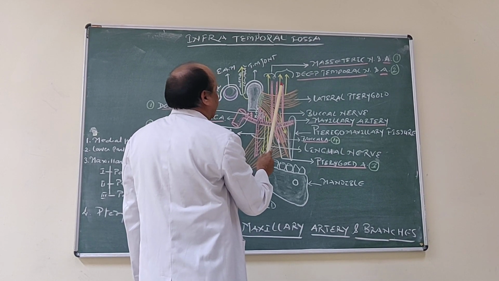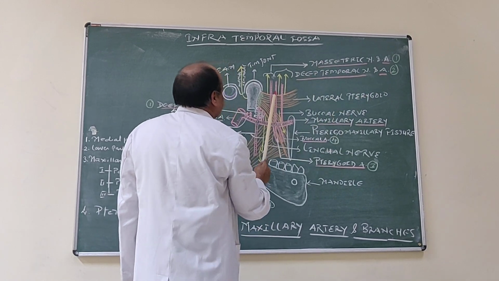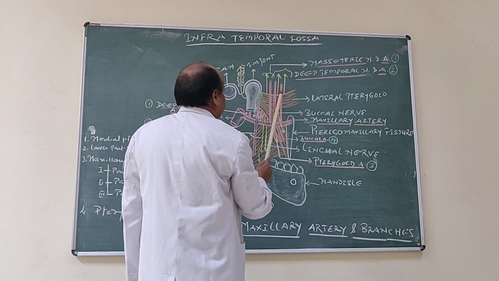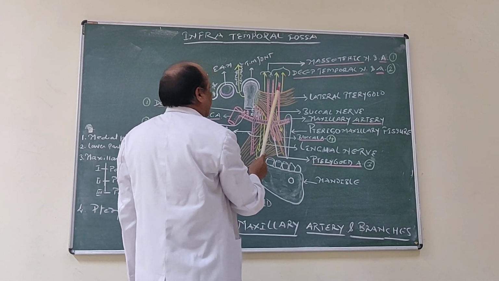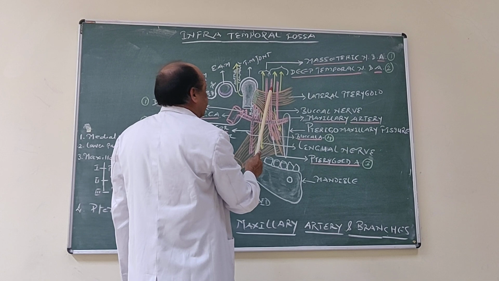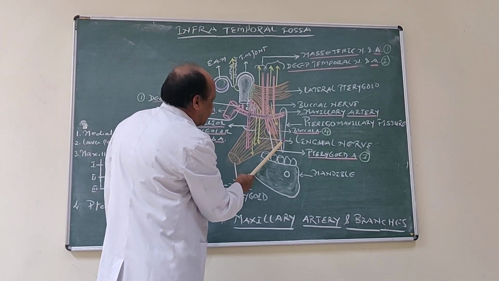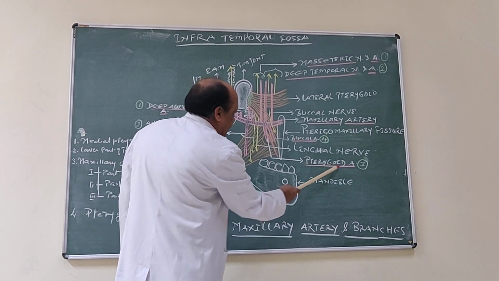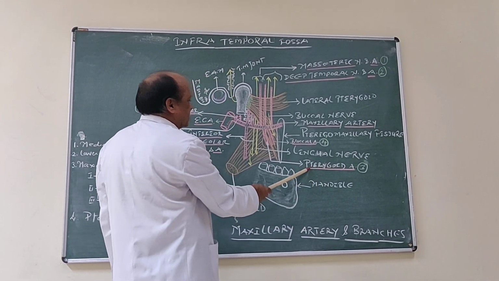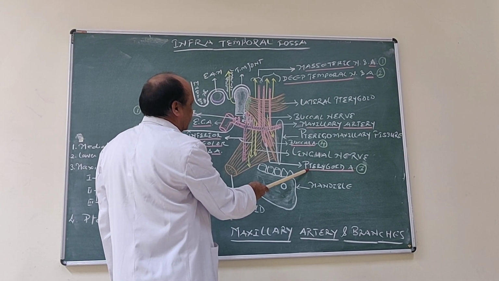And the deep temporal artery, here it is, running along with the nerve of the same name. The deep temporal arteries are 2 in number. The third branch, I am running this probe, is the pterygoid artery. The name itself indicates it supplies the pterygoid muscles, lateral pterygoid and medial pterygoid.